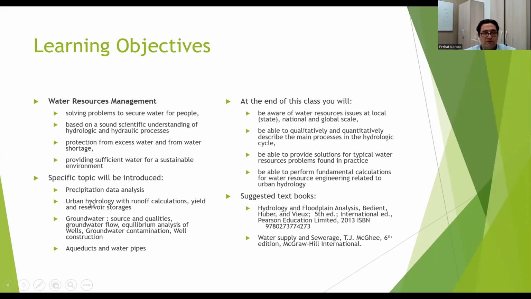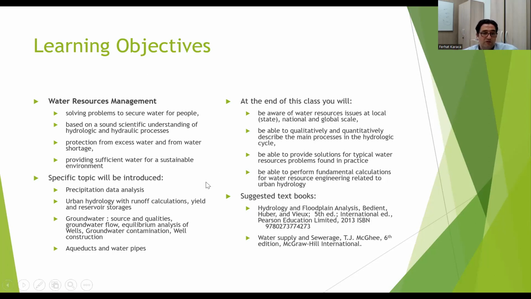And these two parts are critically important for civil engineers, because while you are making a design for drainage systems of any building or any infrastructure projects, you should be able to understand the fundamentals of rain and precipitation data, and then you should also understand the runoff calculations to make better drainage systems or to make better calculations.